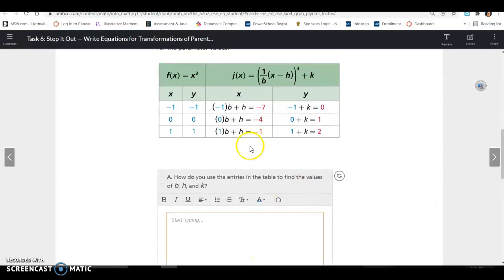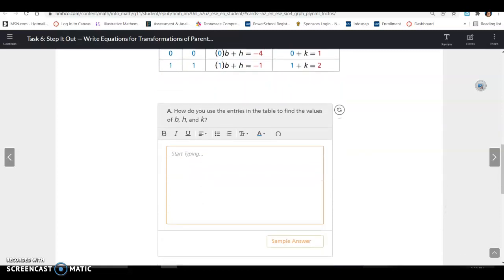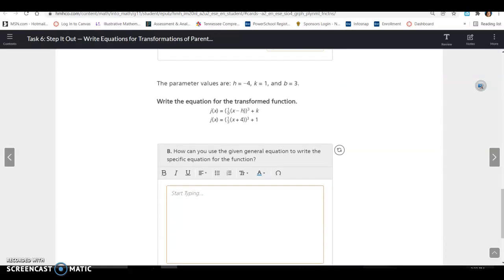Once we find that, we can use these values in order to find the B value. So if I know H is -4, I can put -4 in here and add 4 to the other side, and I know that 1B equals 3, which is the same as B equals 3. So that gives me my H, my K, and my B.